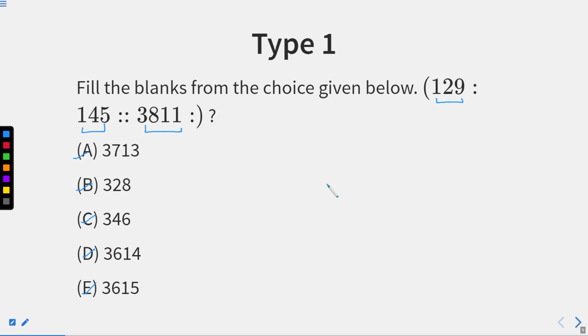This is the question. The first procedure is to write the question again: 129 in ratio with 145. So let's check this in the pyramid itself.